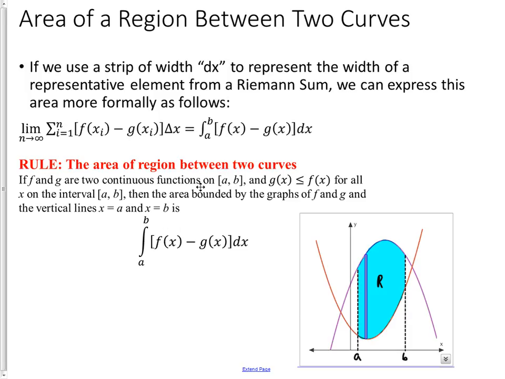So formally, if we are on a closed interval from a to b, and the function g of x is less than or equal to f of x for all x on the interval from a to b, then the area bounded by the two graphs of f and g and the lines x equals a and x equals b will be given as the definite integral from a to b of f of x minus g of x dx.